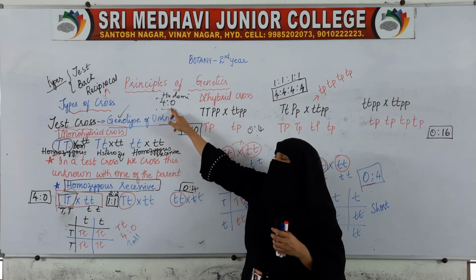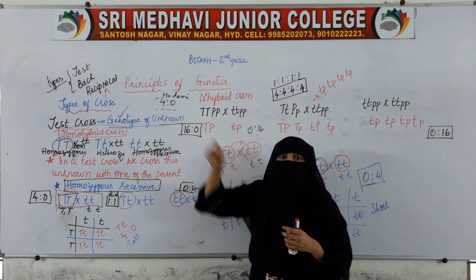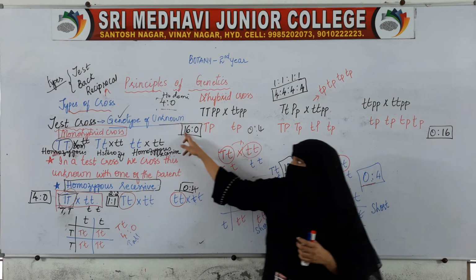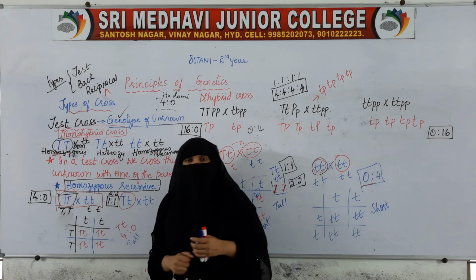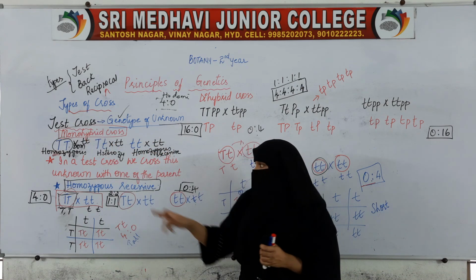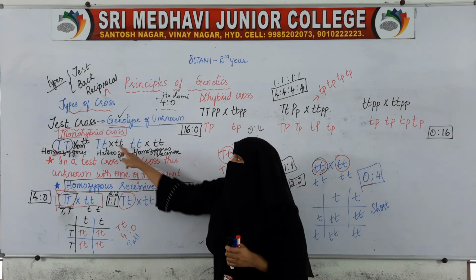Then we will be able to know the genotype for this ratio. So, to know the genotype of the unknown, we use test cross.